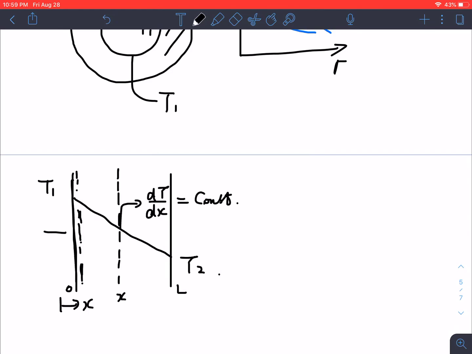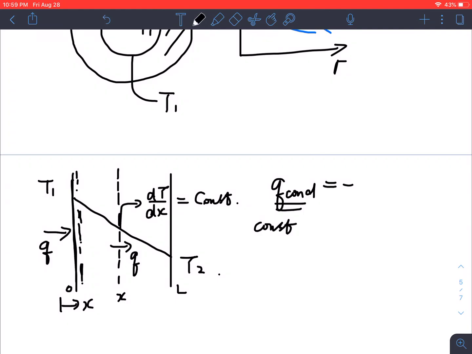Then however much heat comes in from here will go out from this boundary. Then this Q conduction is a constant.